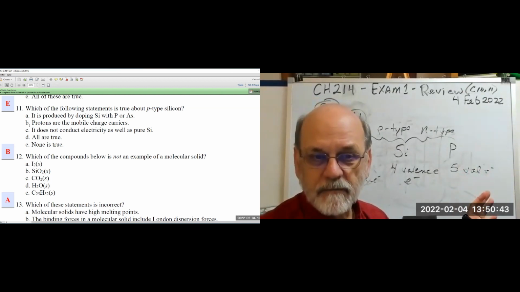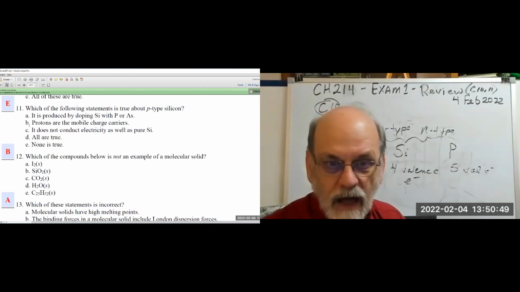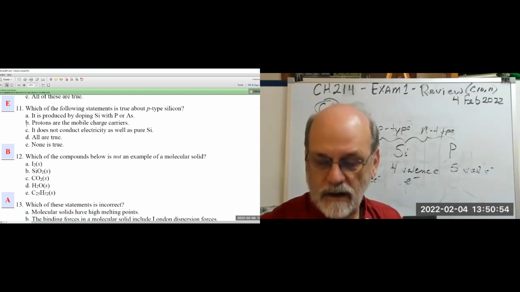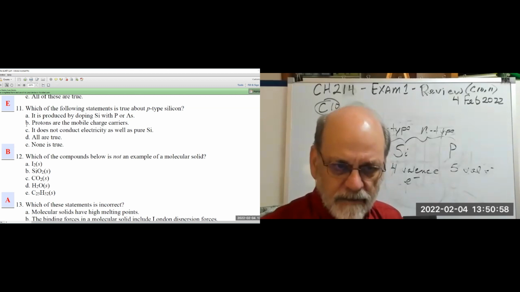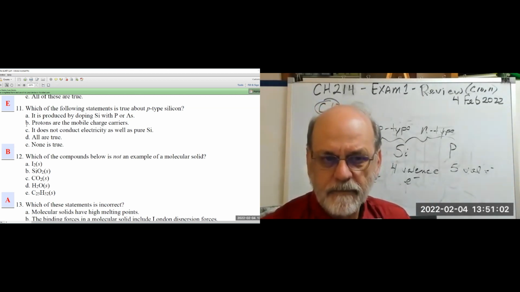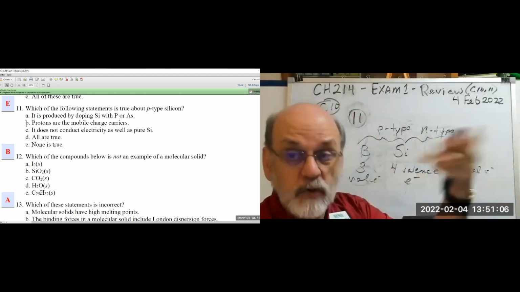How about B? Protons are the mobile charge carriers. Can that be true? No. Protons are the backbone of the alloy. They are locked in place. The only thing that can move is electrons. So if you have an N-type, then those extra electrons can move.